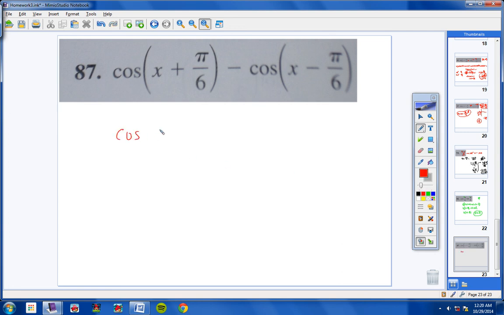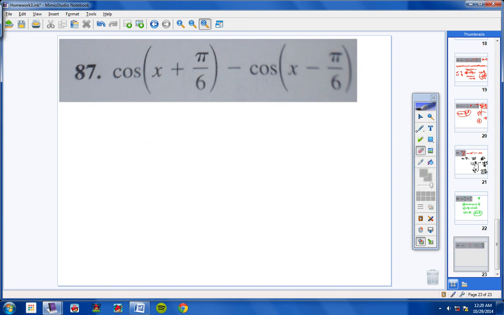Cosine of, let me look at my notes here, x minus cosine of y. Now here's what's really weird. We're going to call this whole thing here x. This is really weird, okay? And we're going to call this whole thing here y. Okay? So here's what we know. Are you ready?